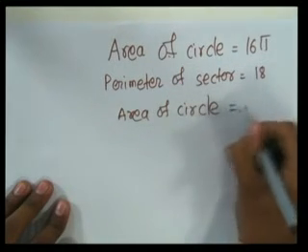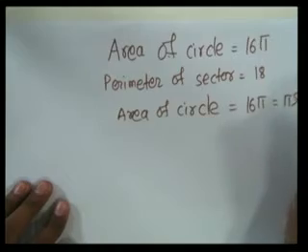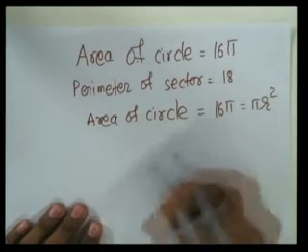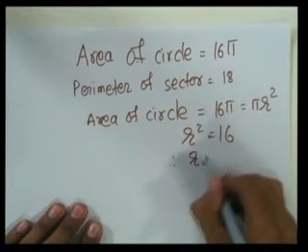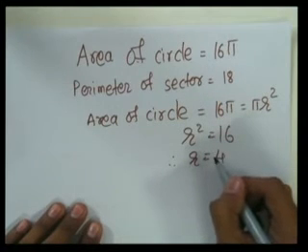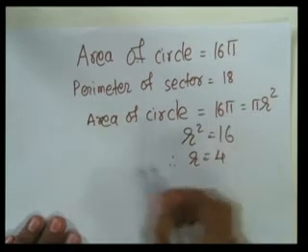The area of the circle is 16 pi, it is given, and it is equal to pi r square. Pi will be cancelled out, so r square equals 16. The radius of the circle is 4 centimeter. Now the perimeter of the sector is given as 18.